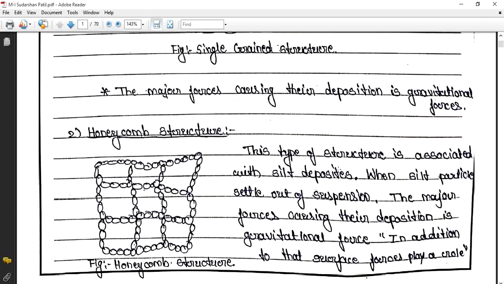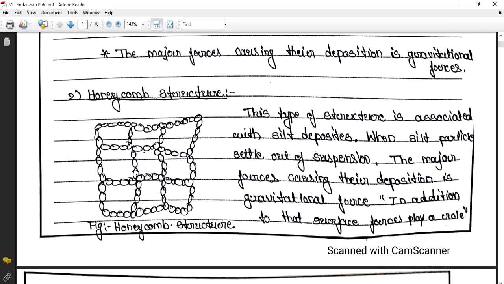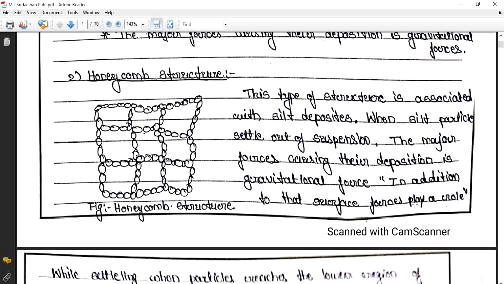Now you can see over here, when silt particles settle out of suspension, the major force causing their deposition is gravitational force. In addition to that, surface forces may play a very important role in settlement. So surface tension or surface forces may play a very important role in settlement.